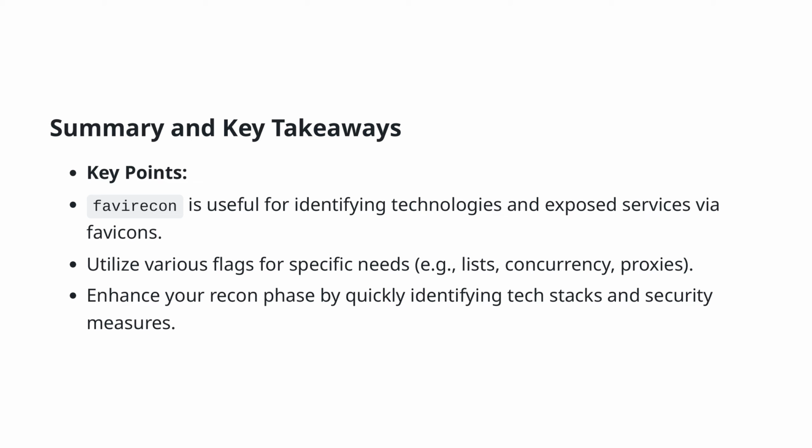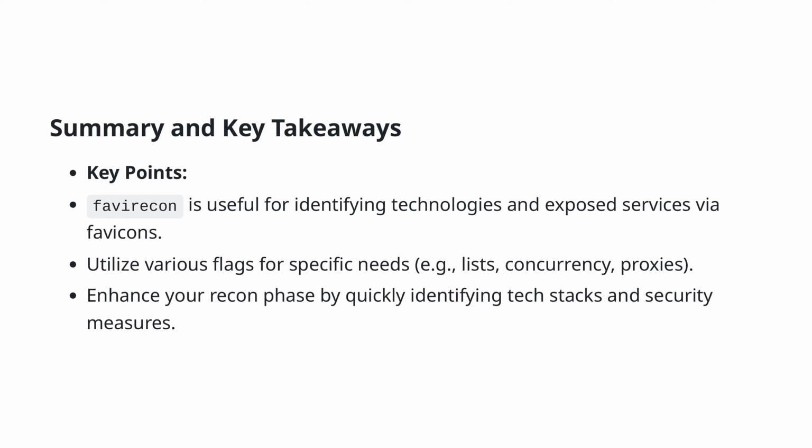For instance, you might want to use lists of URLs, adjust the concurrency to manage scanning speed, or employ proxies for a more stealthy approach. By integrating Favirecon into your recon phase, you significantly enhance your ability to quickly identify tech stacks and potentially exposed security measures. This proactive approach allows you to map out possible entry points more effectively and respond to security gaps with greater agility. These key takeaways will help you maximize the tool's utility, ensuring a more robust security posture for your assessments.